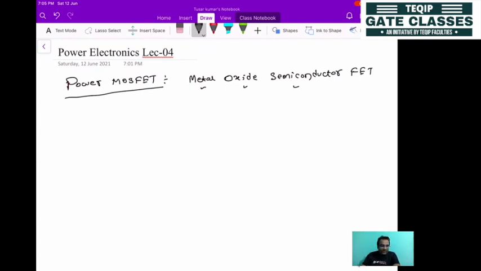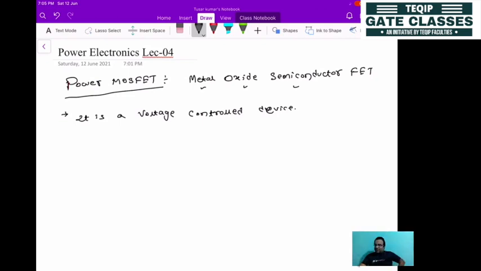So the first thing you can write down for this power MOSFET is that it is a voltage controlled device. What is the meaning of this voltage control?